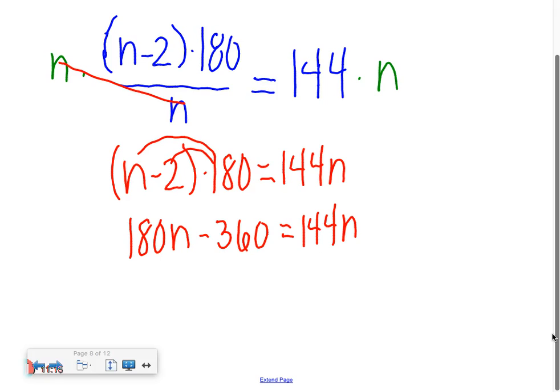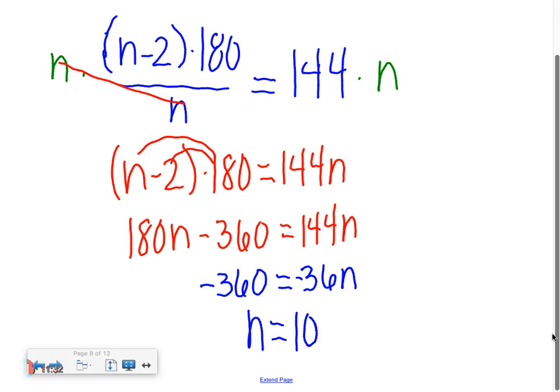Bring my n's to the same side. What do we get? 36. Then divide out. n equals what, guys? 10.